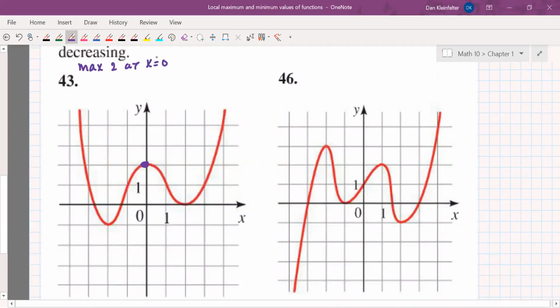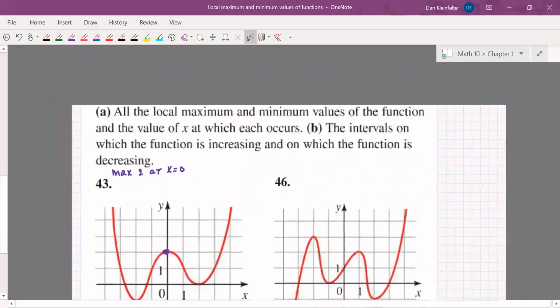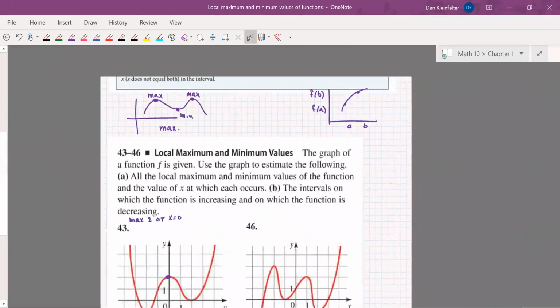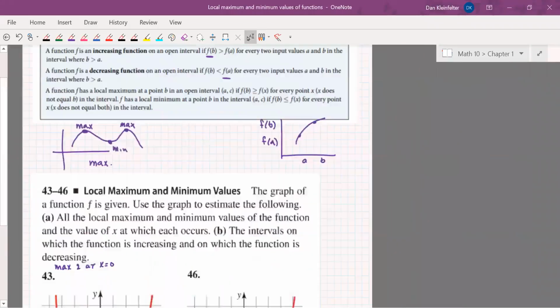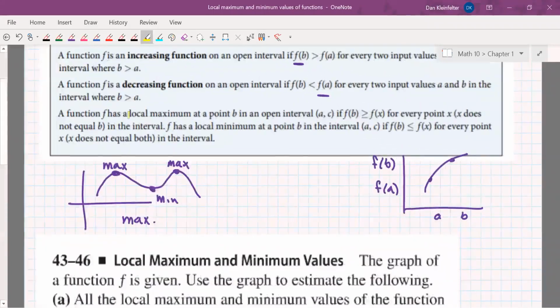Okay. So to compare that to what the wording says, in this written definition for a maximum, a function f has a local maximum at a point B if f of b is bigger than the f of x's in the interval for every point x in the interval.